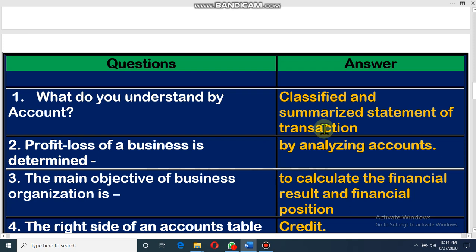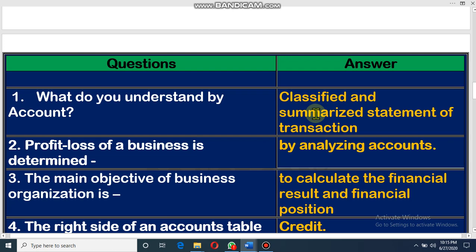In every transaction at least two parties are related, so each party is our account. That means in every transaction two parties are related and each party is an account. Now we have to classify the transactions and we will find out the accounts. I hope you understand now what accounts are.